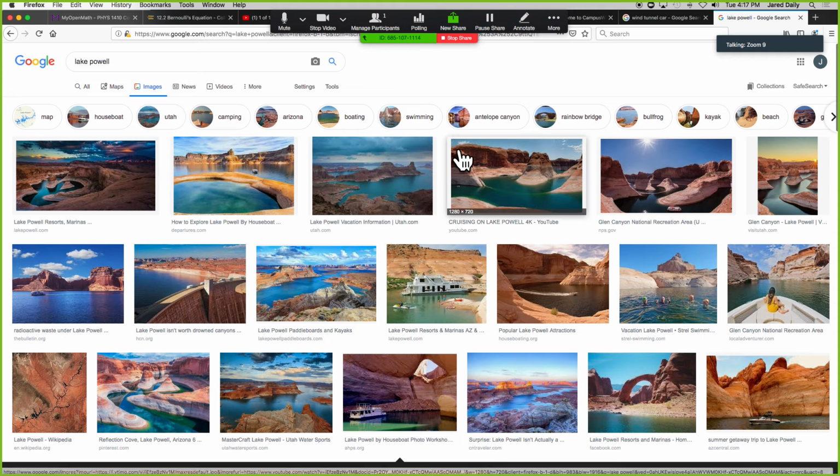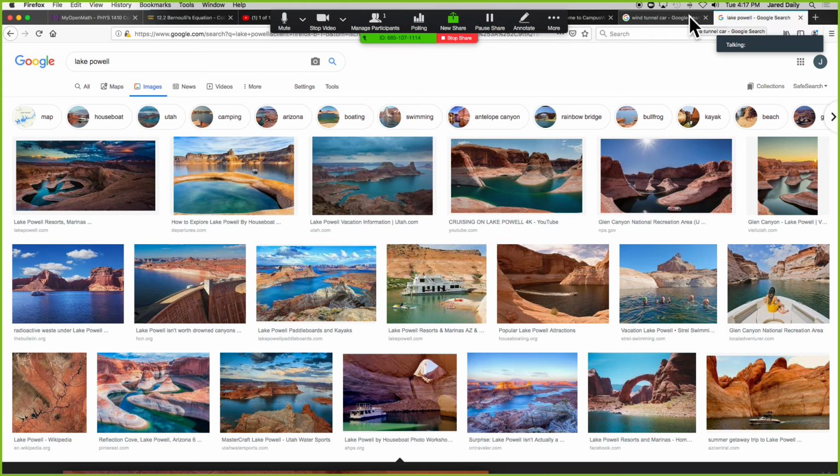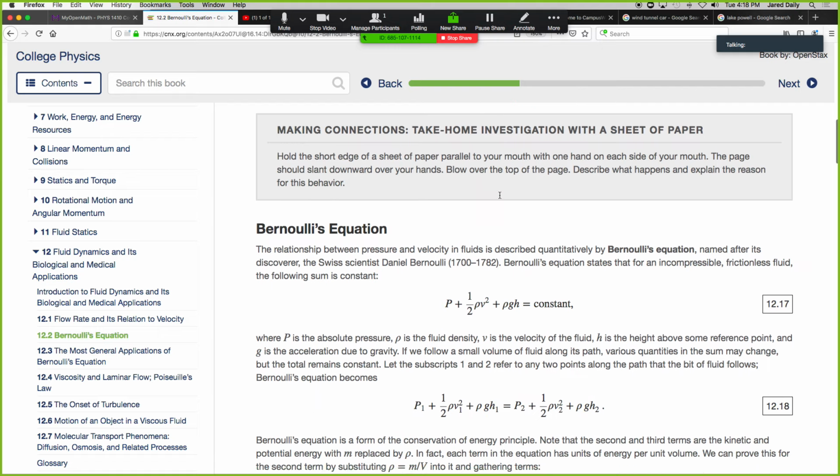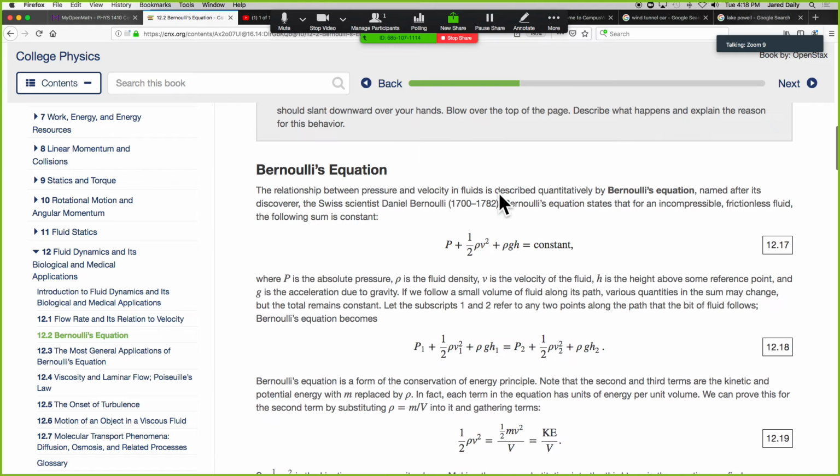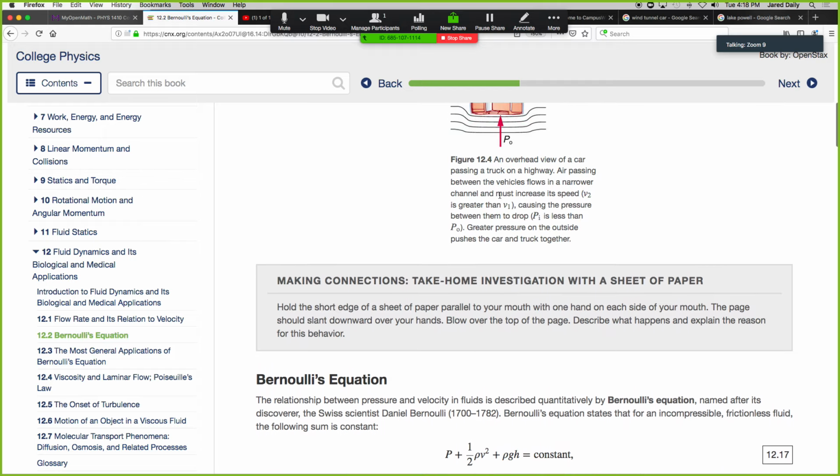But anyway, this Bernoulli effect, as it is called, is the same effect that makes planes fly. And what does it come down to?